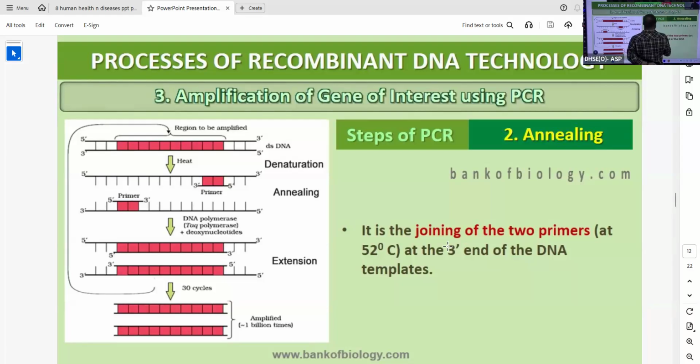See here, it is the joining of the two primers at 52 degrees Celsius. So at 3' end, I have the DNA templates. ठीक है. Joining of the two primers at the 3' end of the DNA templates. ठीक है. Fine. This is known as annealing.